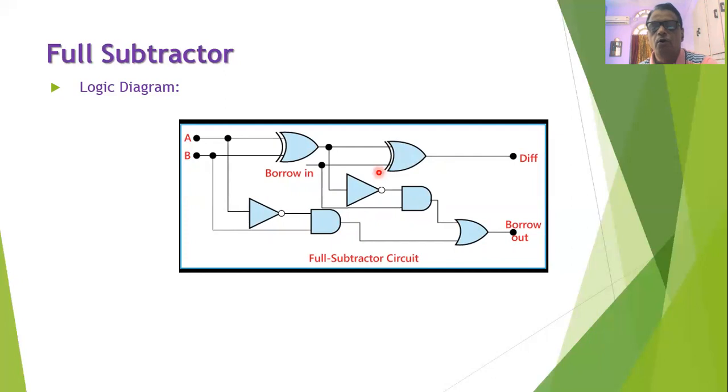And the borrow output term can be obtained by making the combination of two NOT gates, two AND gates, and one OR gate connected as shown in the figure. So you can easily observe that the circuit is being constructed as per the SOP equations that we got for the difference and borrow output.